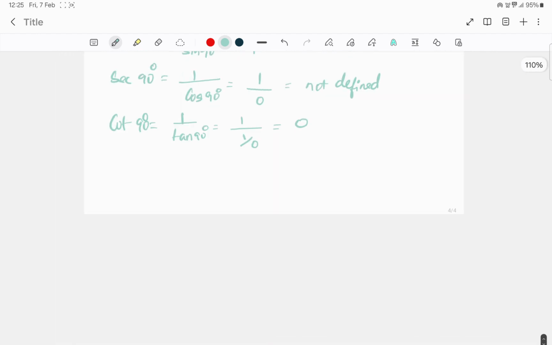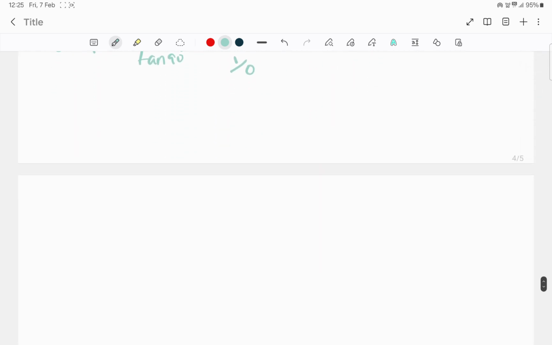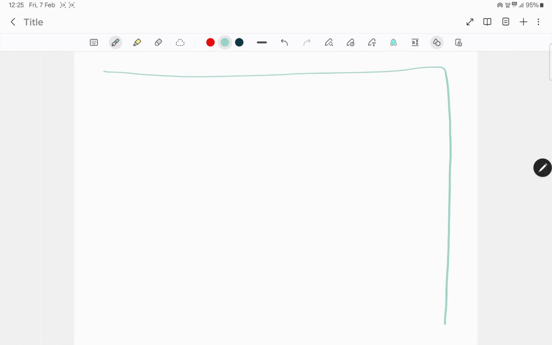Now we have found the 6 trigonometric ratios for every angle. Okay, let us make the table. Trigonometric table for every angle. Just a minute, let me draw a table.